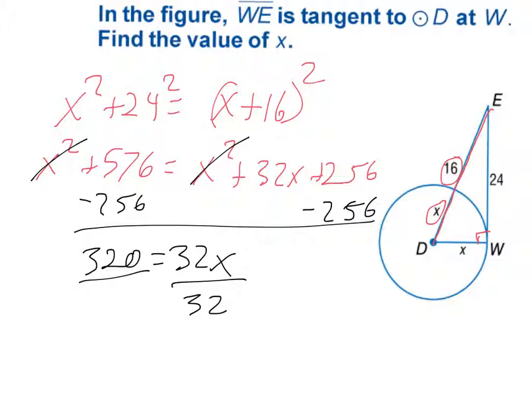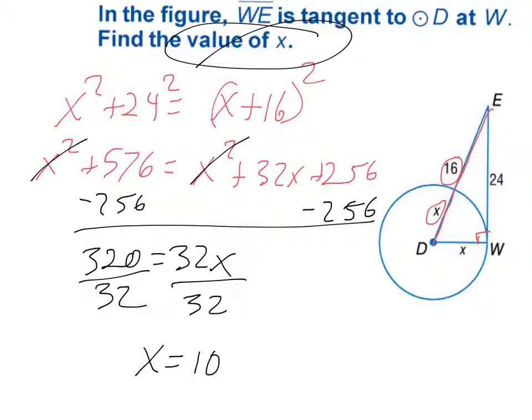Divide by 32, and that's pretty easy. We should be able to do that in our head, and x equals 10. It says to find the value of x, so that's my answer. So another example of how we can use the Pythagorean theorem to find missing lengths, in this case the radius of a circle.